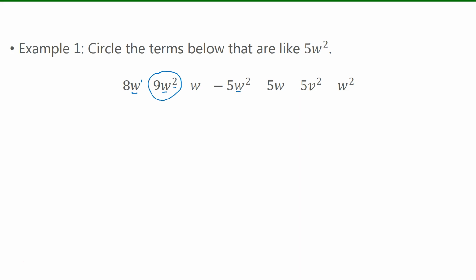Negative 5w squared is a w and a 2, so that's like. 5w is not like. 5v squared has the same exponent, but it's not the same variable. And the last one is w squared, with the same variable and exponent. So 3 terms are like 5w squared.